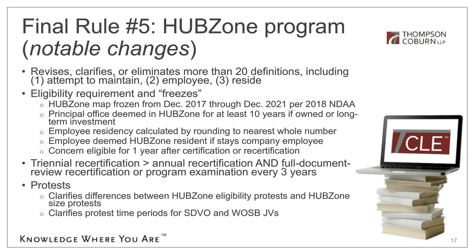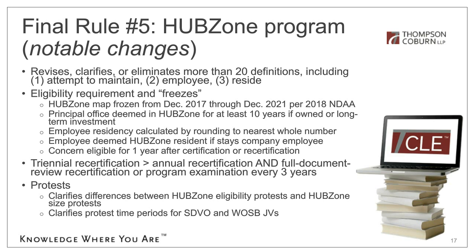Some of those definitions that are going to be particularly important to compliance are the definitions for attempt to maintain, which is attempt to maintain certain levels of employment, employee, who an employee is for purposes of this program, as well as what does reside mean for purposes of this program, which is tied to employee and attempt to maintain.